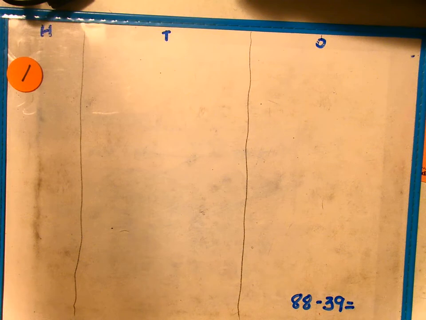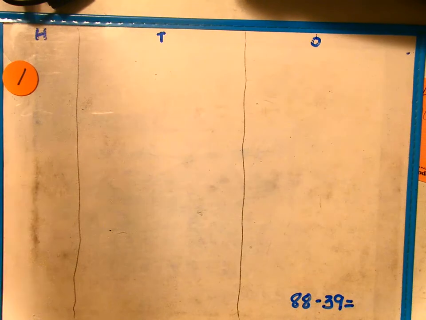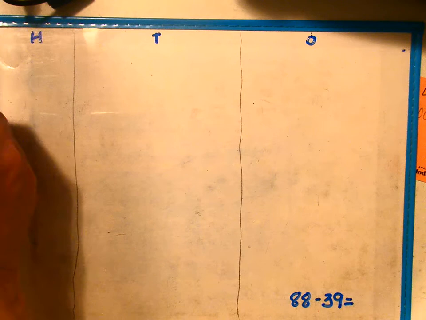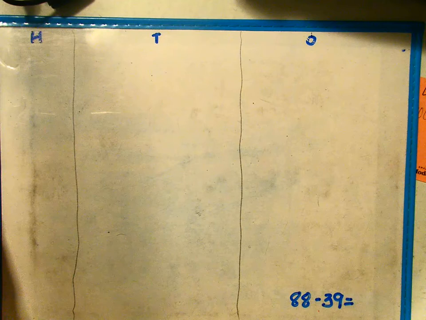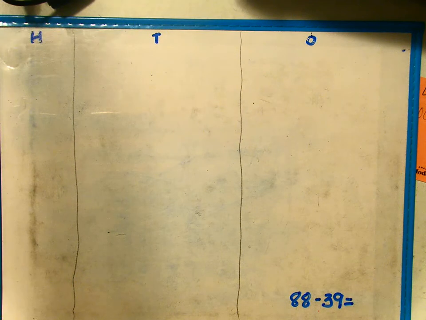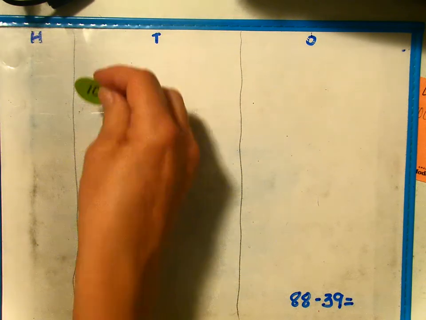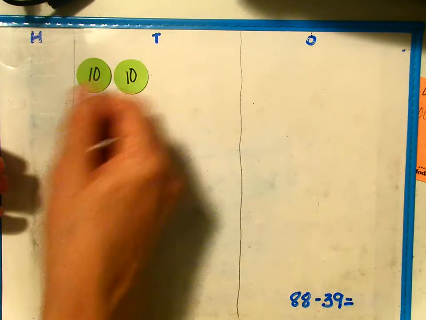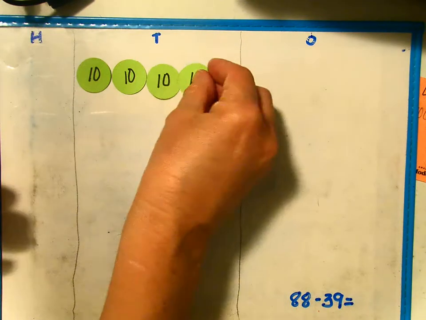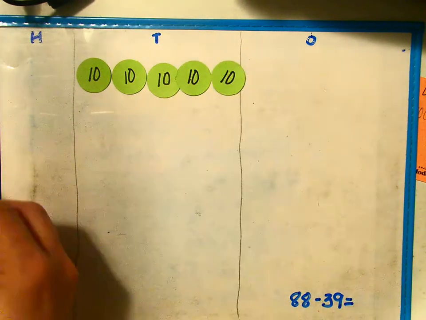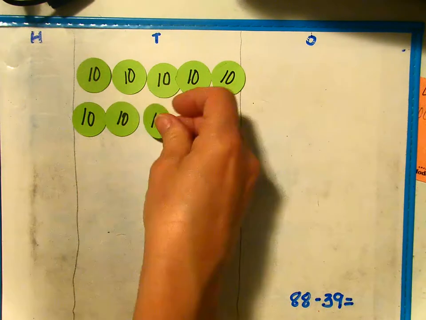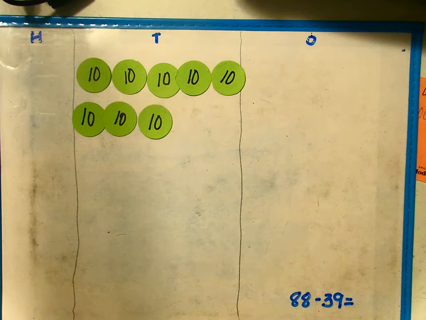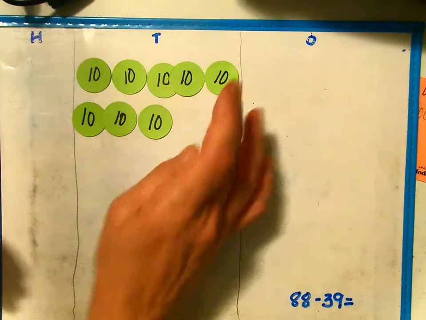We're not dealing with any hundreds this time. We're still going to only represent the whole number, the 88. So there's no hundreds. How many tens do we need? 8 tens. How many ones do we need? 8 ones. So we have 8 tens, which is 80, and we need 8 ones.